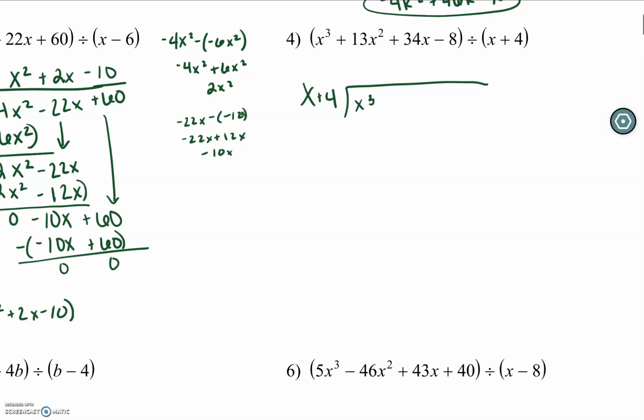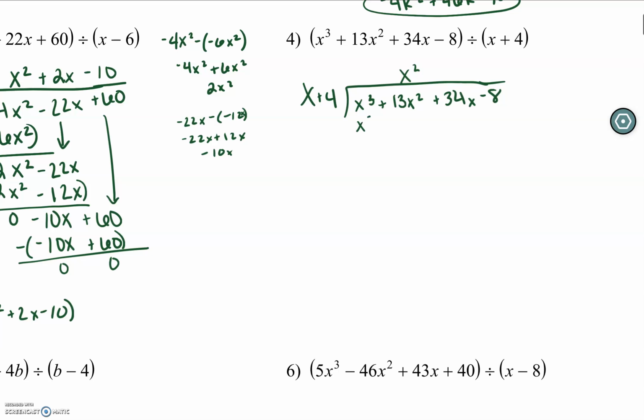X cubed plus 13x squared plus 34x minus 8. And again, x plus 4 is a binomial, so it cannot go into a monomial term, so we have to expand our vision out here. And again, we want to ask ourselves, what could we multiply x by to equal x cubed? And the answer is x squared.